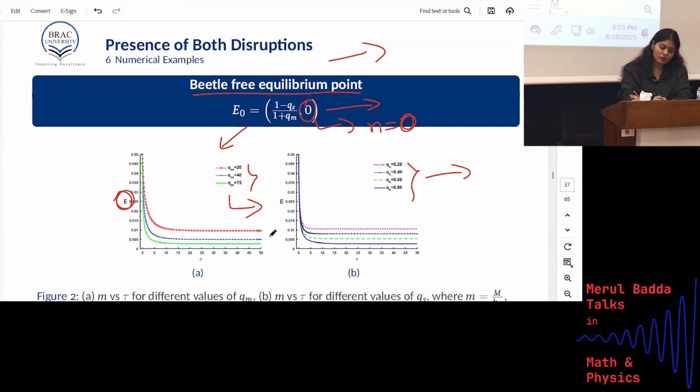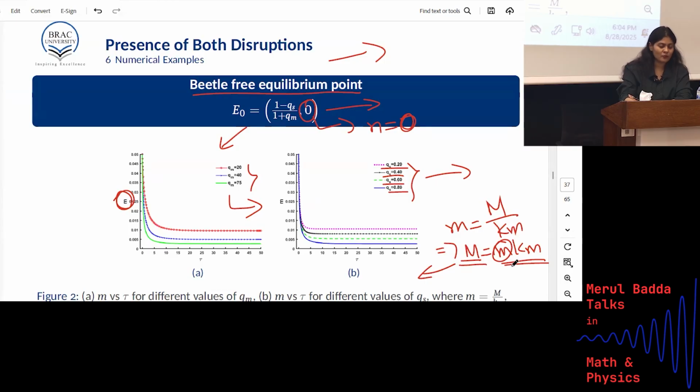Again, if we increase the value of QS, the value of M decreases. As M decreases, the capital letter M also decreases, which is the density of trees. So we can say that the density of trees decreases under the condition of harvesting and wildfire.